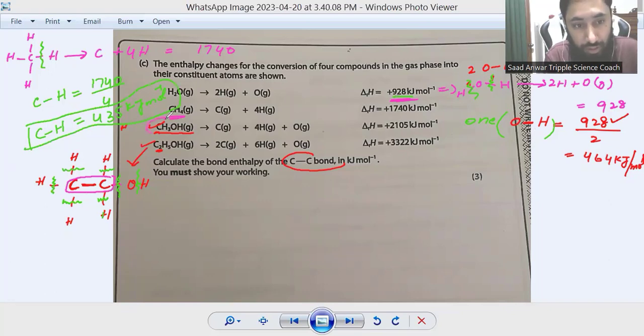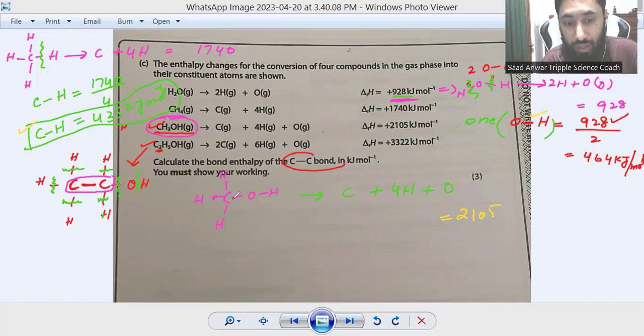Okay, now comes CH3OH. Here is H, here is H, here is H. That would give you carbon, 4 hydrogen, and oxygen, and the amount of energy given out is 2105. So you have the carbon-hydrogen bond energy here, and the oxygen-hydrogen bond energy.